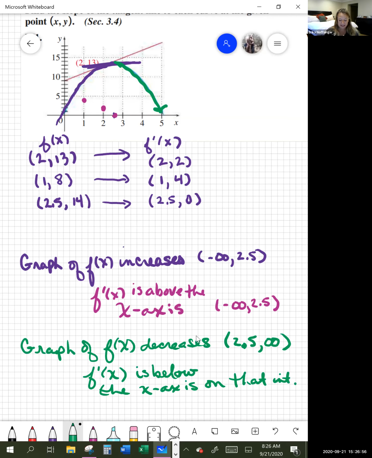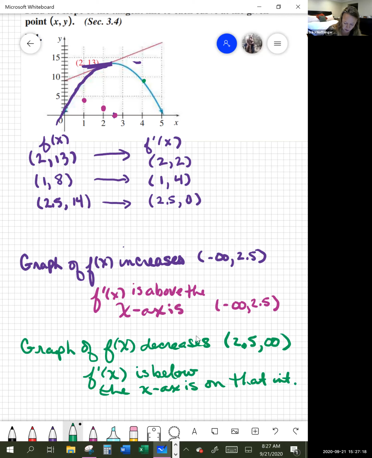So we can kind of do the exact same thing we did before. We can find a couple of points on this graph. So maybe when x is 4. Although we know that this is actually kind of symmetrical, right?